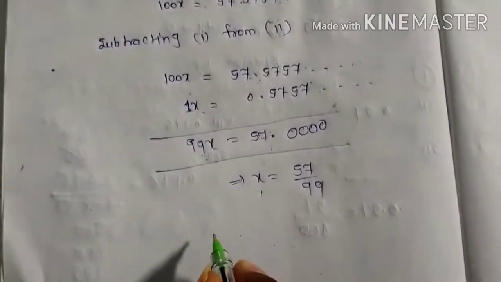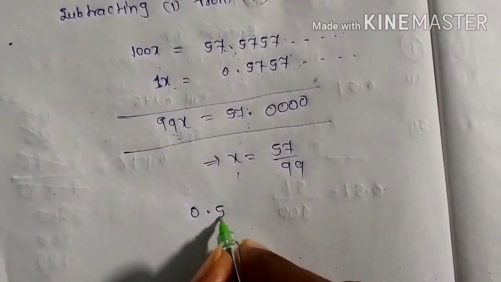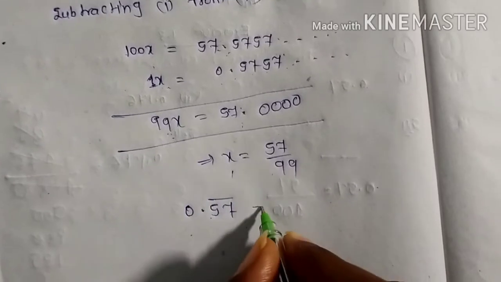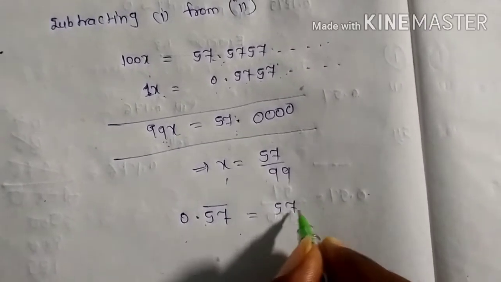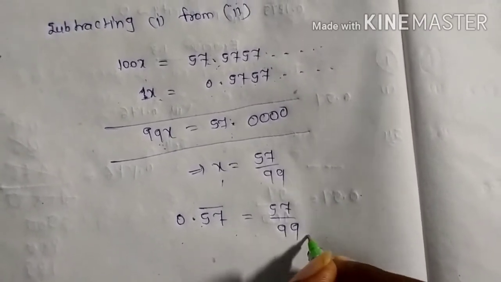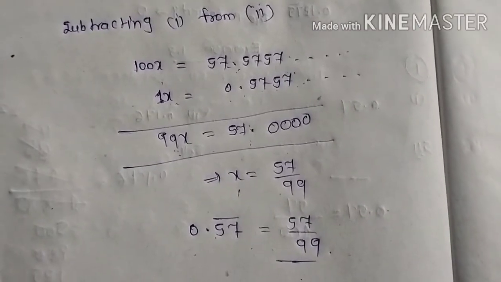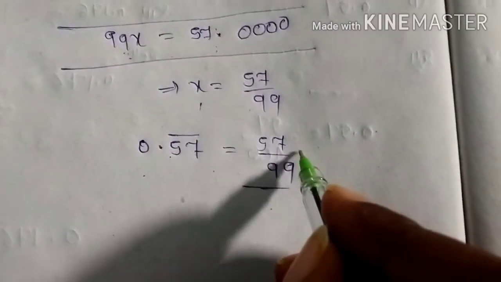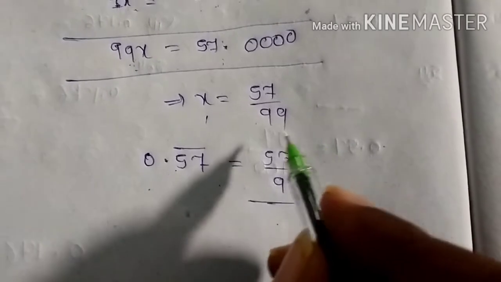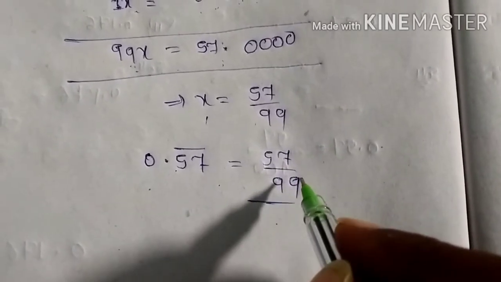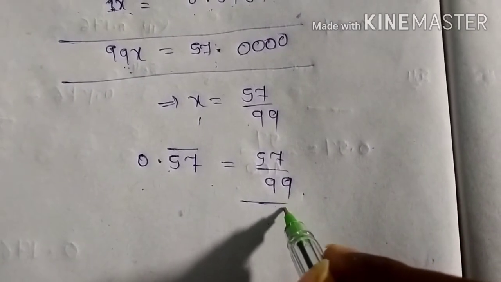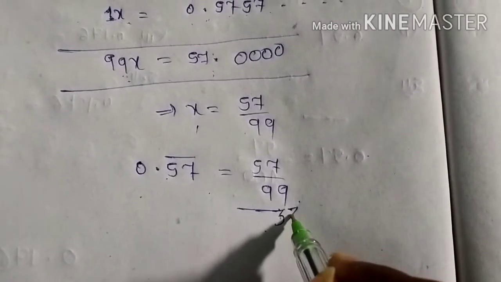See what x means here. x is equal to 0.57 bar, or not? So you can write 0.57 bar is equal to 57 by 99. This is your answer. See here, is it in simplified form or not? Once check it, 57 by 99. Check with 3: 3 3s are 9, here also 3 3s are 9.